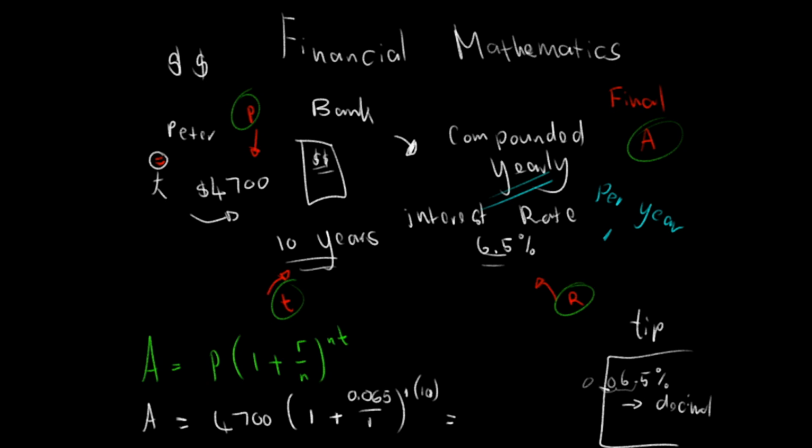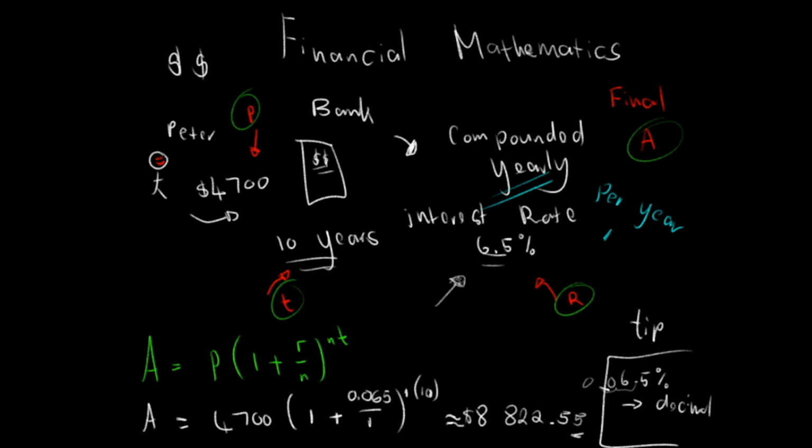Wow, in 10 years, Peter would have almost doubled his money, which would be $8,822.55. So I'm going to make this approximately because I rounded this value. So Peter would have almost 9,000 USD after 10 years of investing at 6.5% interest.